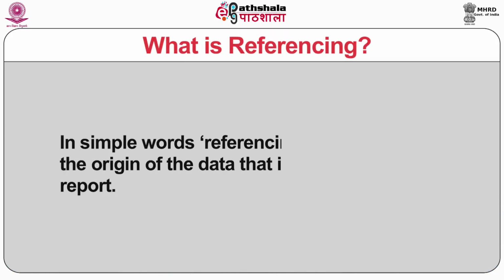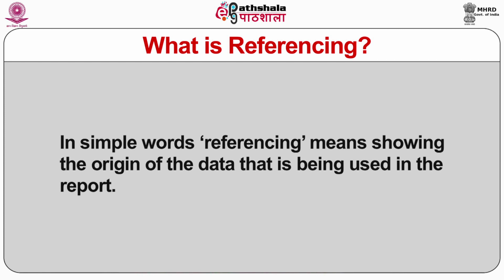The journals, books, newspapers, web pages or other materials used are called the sources. Thus, referencing also acts as evidence for the statements in the report that appear in the form of quotes or paraphrases from other authors. In simple words, referencing means showing the origin of the data that is being used in the report.